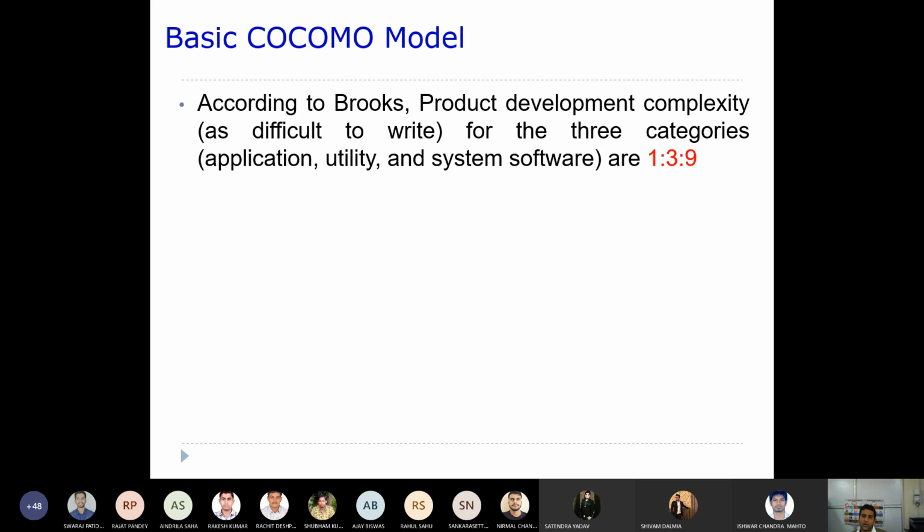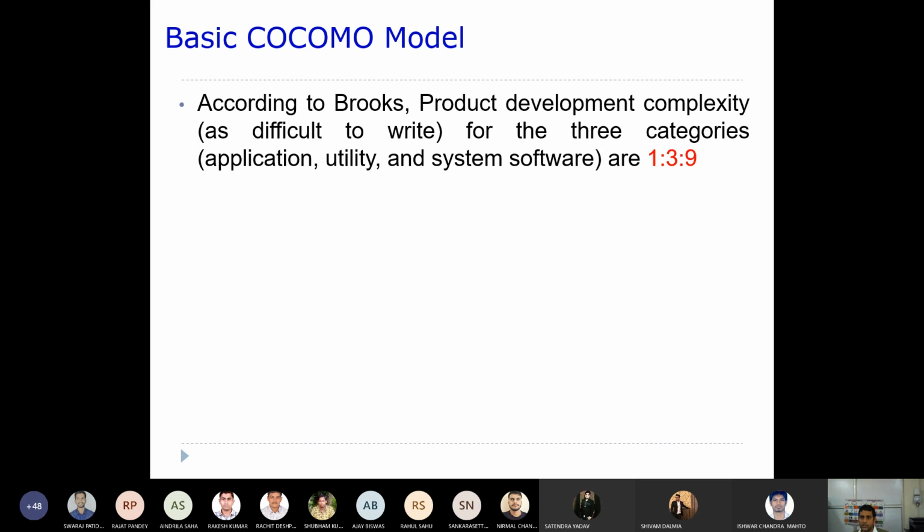That means the operating system programs you are going to develop take three times more than the utility software, and it is 9 times more than the application program. So the complexity will vary in this ratio 1:3:9.